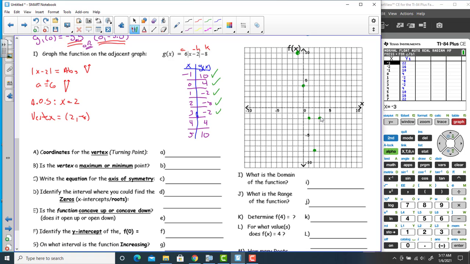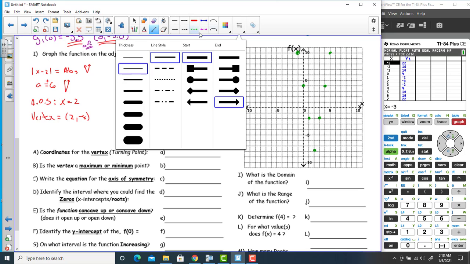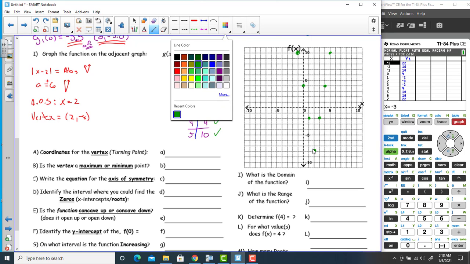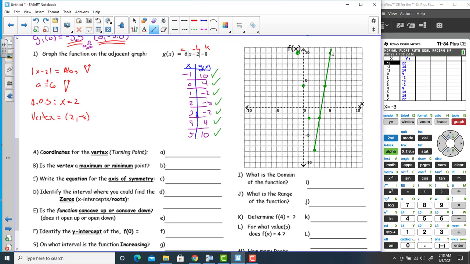It's symmetrical to the point 1 moment prior to the vertex. 4 moments of time from now, it bounces up to positive 4. And 5 moments of time from now, it's all the way up to positive 10. With a straight edge, preferably a ruler, or the side of your calculator, or an appropriate mechanism, you can connect those points on either side and show this absolute value presentation.